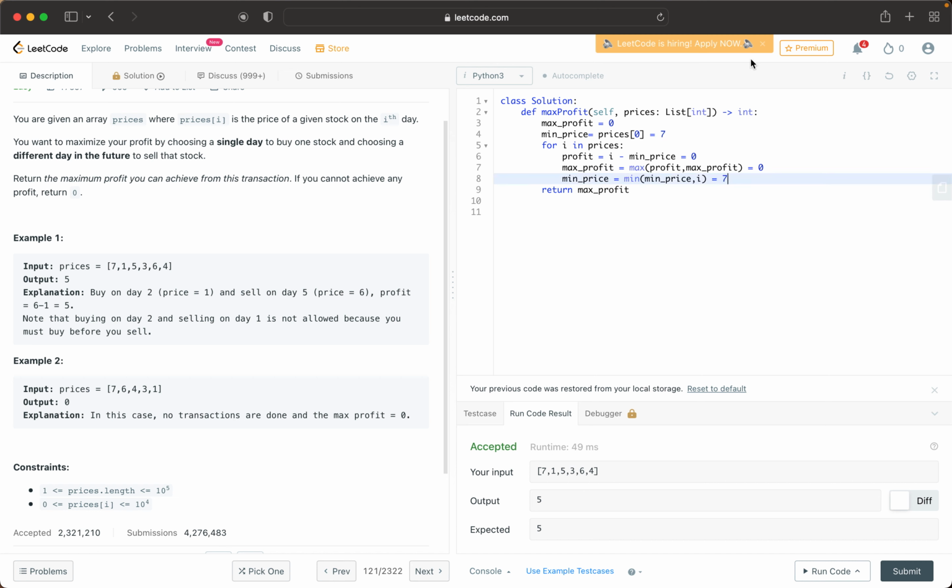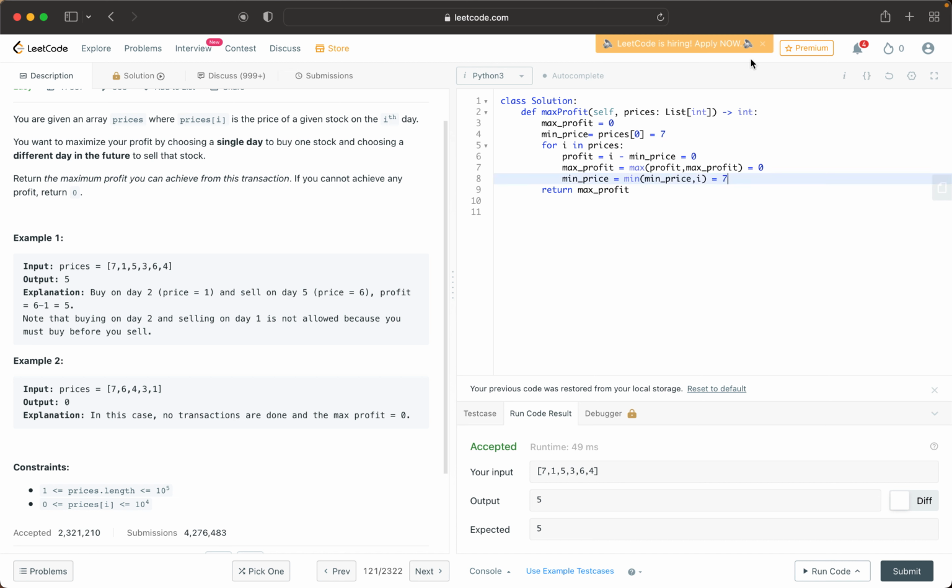The maximum of minus 6 and 0 is obviously 0. Our maximum profit still remains 0. But our minimum price will change this time. Why? Because our minimum price originally was 7, and now our stock price is 1. So from 7 and 1, the minimum value will be 1. So our minimum price will change from 7 to 1 this time, right?